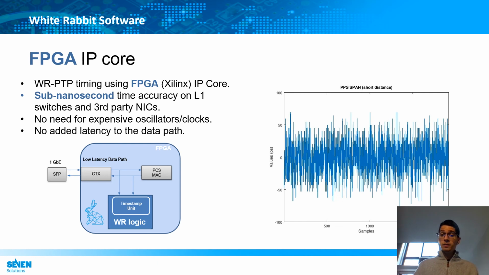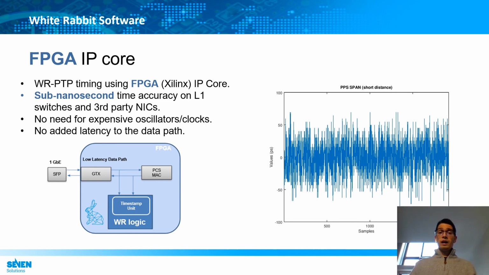At the same time, having only White Rabbit hardware is a limitation because that means that you will need to have a last hop where you use NTP, PTP, or PPS, and that might degrade the time accuracy that you are able to provide.